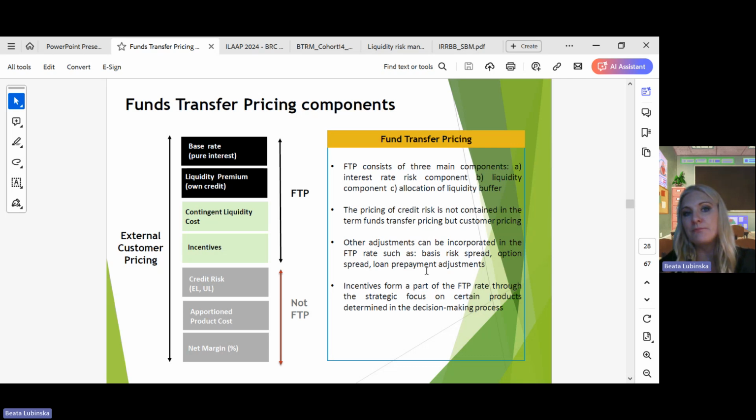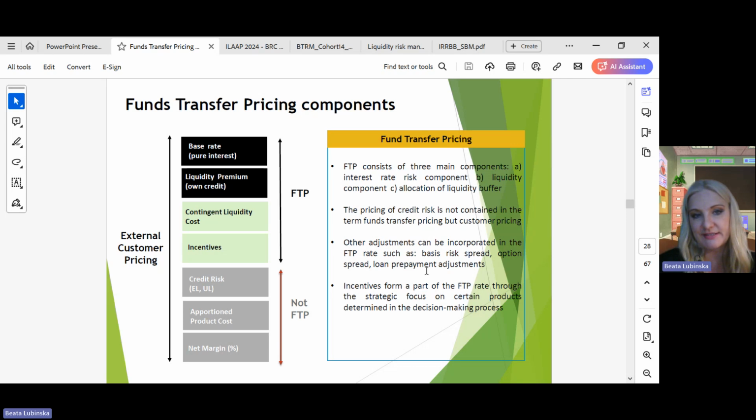So these are the minimum elements which are included in the FTP rate. The FTP rate is composed of those elements. Then you have components which are not considered FTP, which are not part of the funds transfer pricing scheme, which are the cost of credit risk.